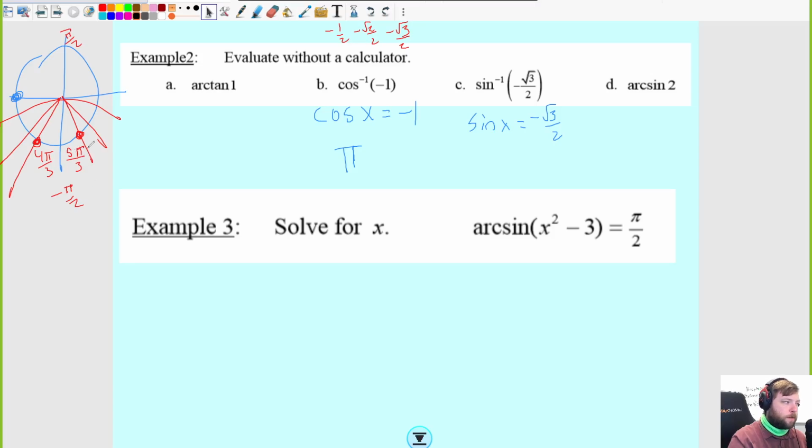So I'm not going to use those as my answer. So then you might say, oh, the answer is 5 pi over 3. No. What's coterminal to 5 pi over 3? Within this domain or range or whatever we want to call it, that would be negative pi over 3. Kind of see that, maybe?